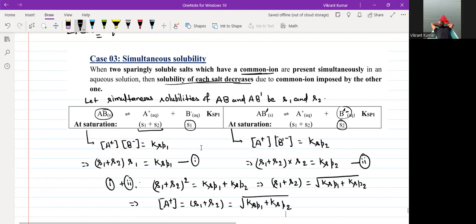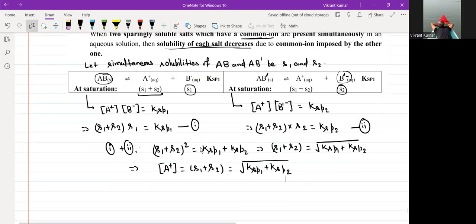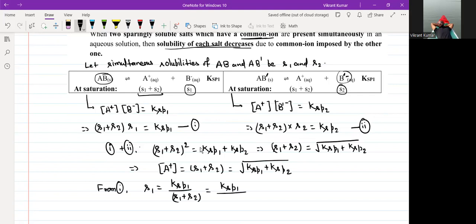Now if it is asking simultaneous solubility बताओ, S1 S2 का वैल्यू बताओ, तो from 1 we can write S1 is nothing but KSP1 upon S1 plus S2, and that's why it will become KSP1 upon under root KSP1 plus KSP2, and similarly from 2 we can write S2 is becoming KSP2 upon S1 plus S2, and that's why it is becoming, नीचे लिख देता हूँ.